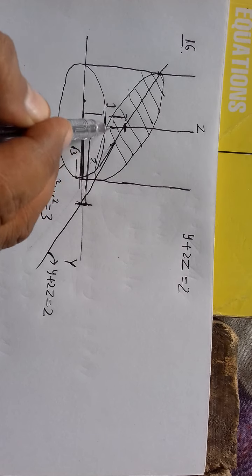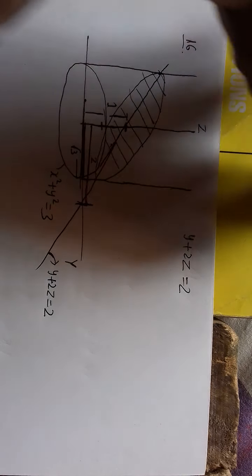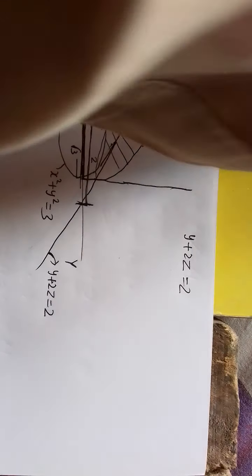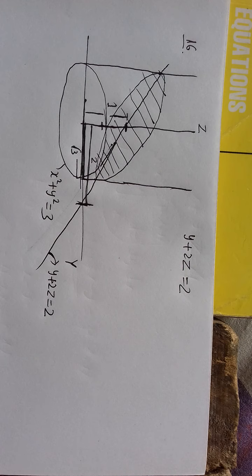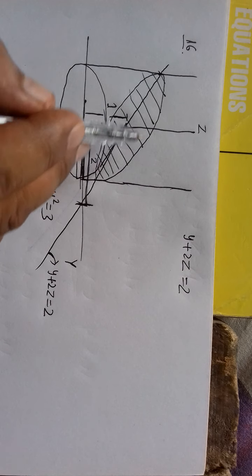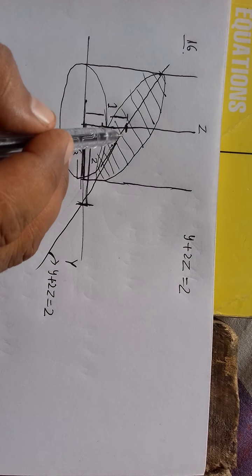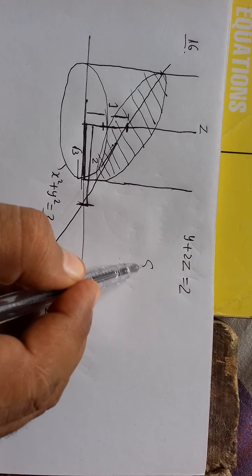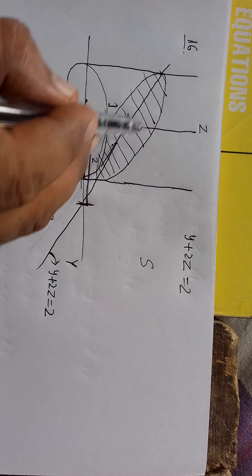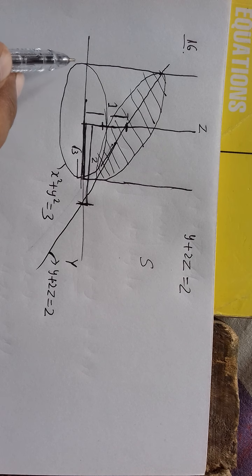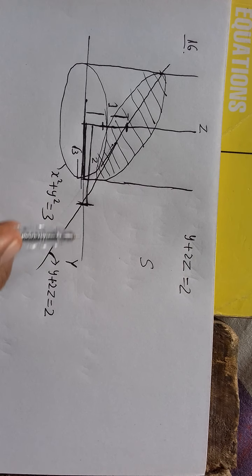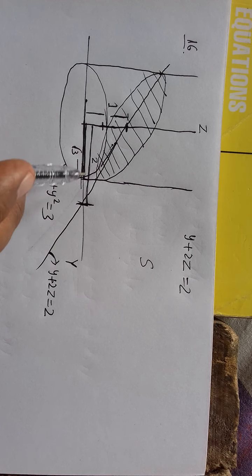We have to find the area of this surface. You see that, suppose this area is S. So the projection of this area on the y-x plane is this circle.